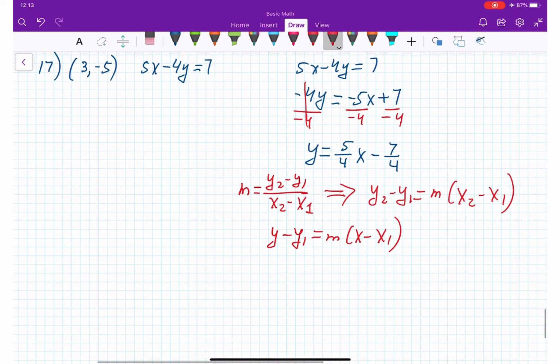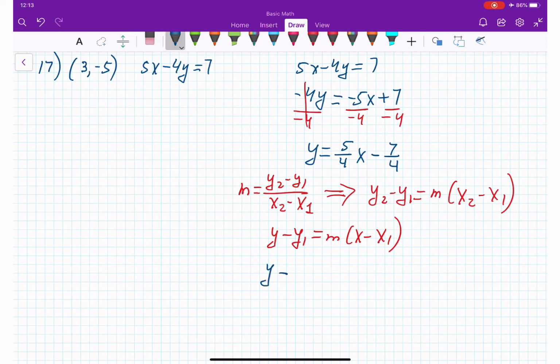Yes? Okay. Well, let's see what we're going to do. I'm using the values of these points. All right. So what do I get? Y minus my y1, which is negative 5. Well, I don't know why I'm continuing in red color since I'm already moving to solving.